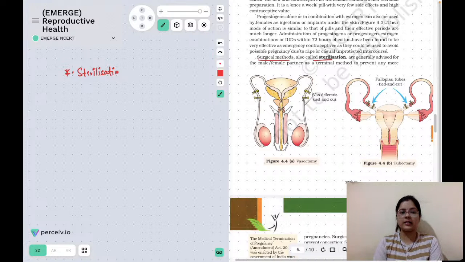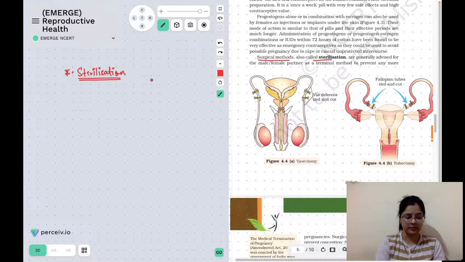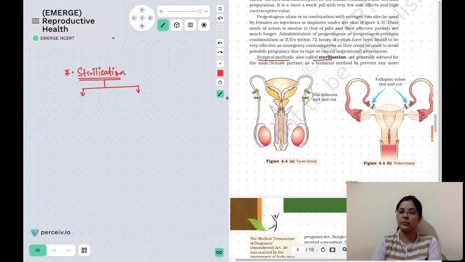Sterilization is something which is performed in case of both males and females. So this can be in males also and this can be in females also. So males and females ये दोनों में हो सकता है.